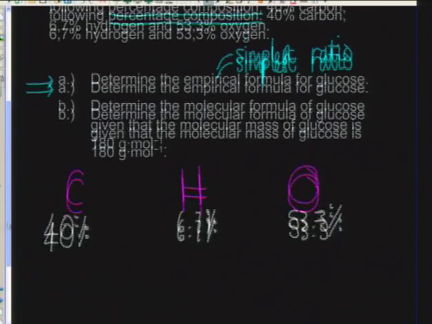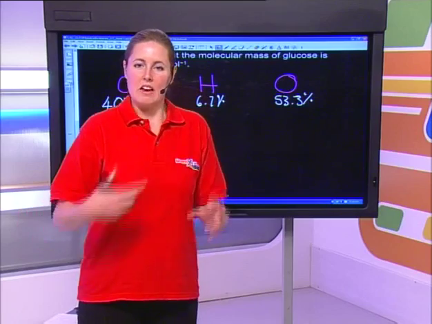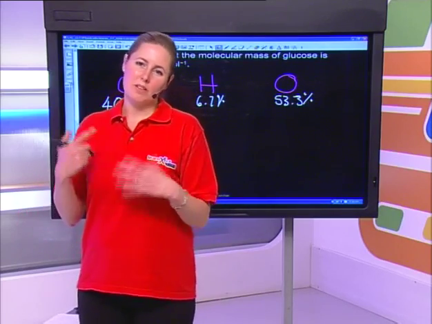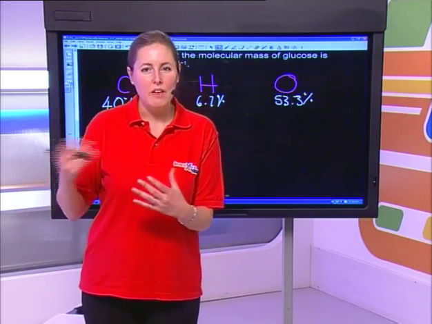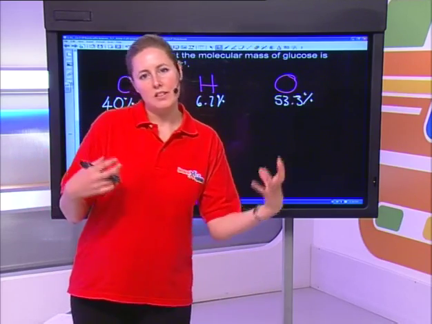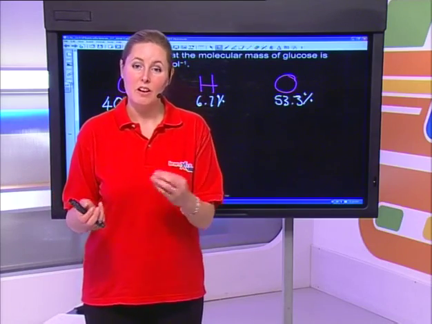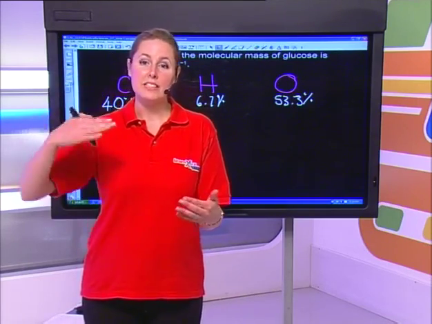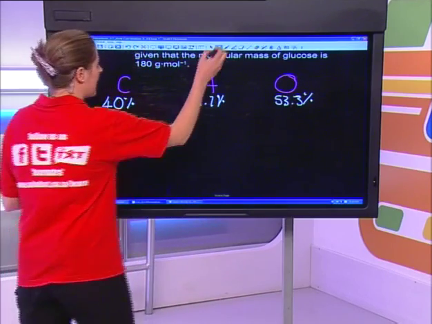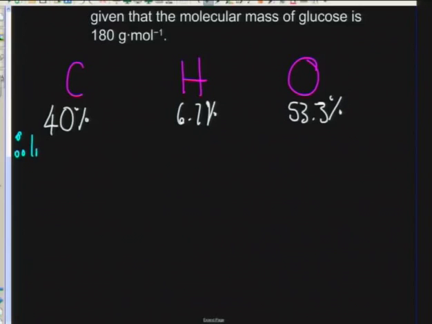Well, what does that mean? Well, it's a percentage, so it's meaning of 100. Okay? So rather than working with a percentage, we want to say, well, therefore, in 100 grams, you're going to have 40 grams of carbon, 6.7 grams of hydrogen, and 53.3 grams of oxygen. So your first step is to work from percentages and jump straight into, therefore, in 100 grams.